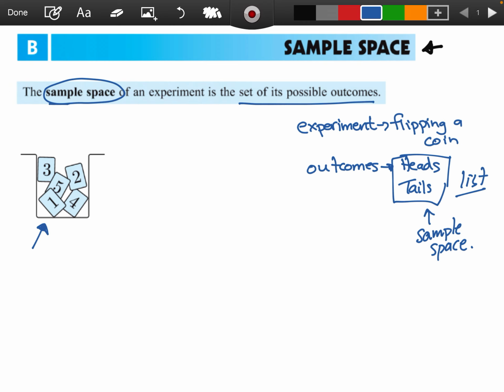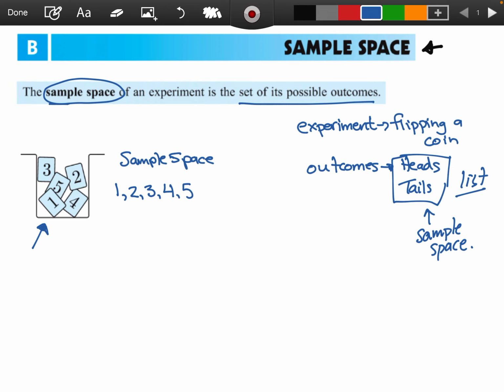The experiment is that we are going to pull a random card out of this container. Randomly we're going to reach in, grab one, pull it out. So the list of possible outcomes, or the sample space of this experiment, the possible things that could come out of this, are 1, 2, 3, 4, or 5.